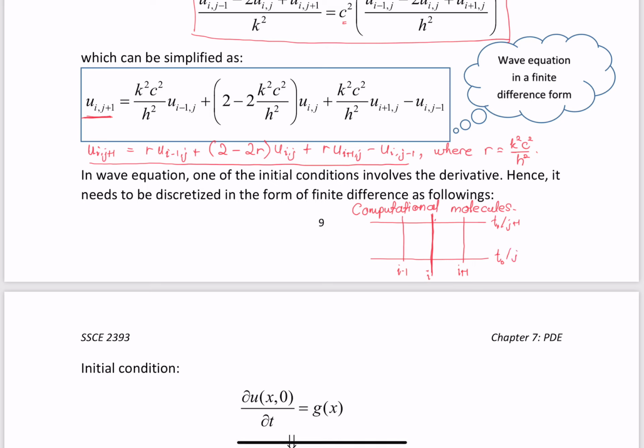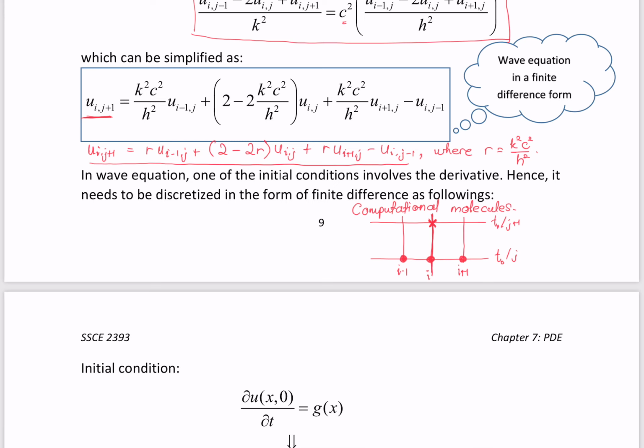So we want to find at this grid point u i j plus 1, and what we must have is a constant multiplied by u i minus 1 j, which is this one, what I put a red circle, and then 2 minus 2r u i j, this one in the middle, and then plus r u i plus 1 j.